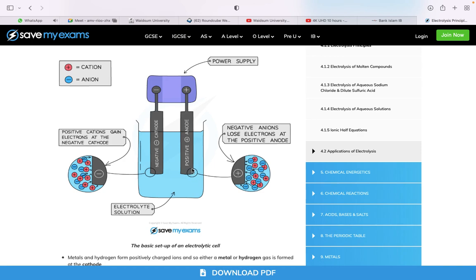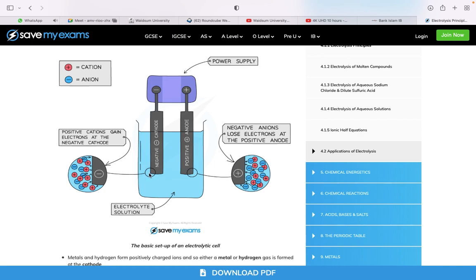So the negative anions lose electrons at the positive electrode, the anode. When the negative ions migrate here, they will lose what? Electrons. When the negative ions come here, they will lose their electrons when they migrate to the positive anode.